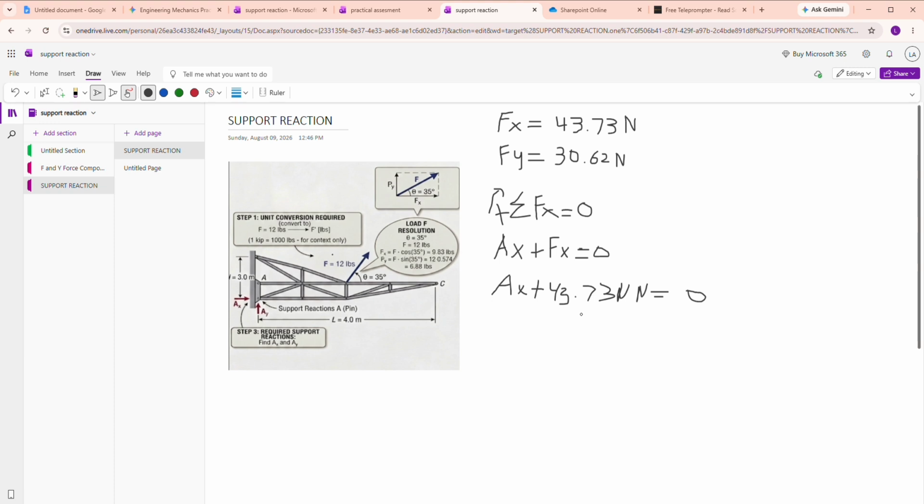Then this 47.73 will go to the right side, so it is negative 47.73. And Ax is equal to negative 47.73 Newton.